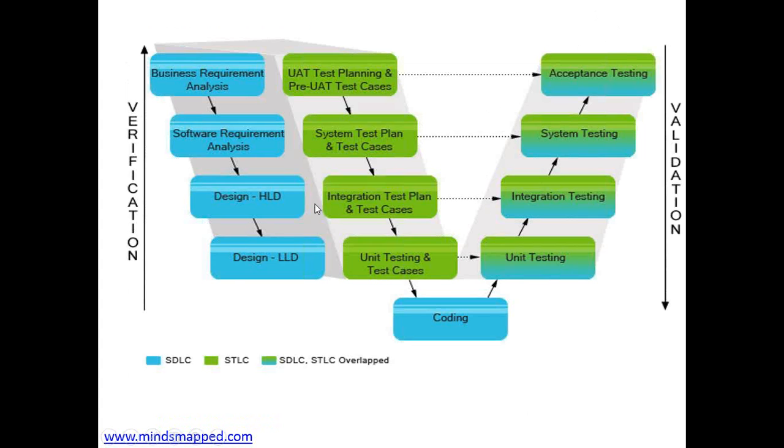So how the verification and validation process works: if you see the screen on my laptop, you will come to know about the verification process. The verification will be done based on business requirements. It's done for business requirements, software requirement analysis, and the designs they have developed. Like, okay, this design is perfect, or no, there are some changes required. That's only the design.